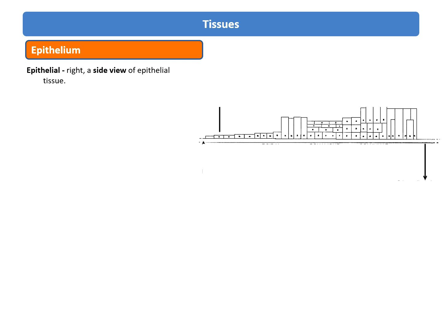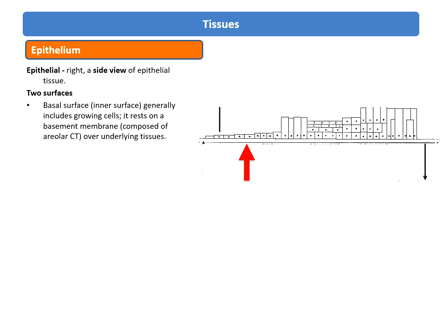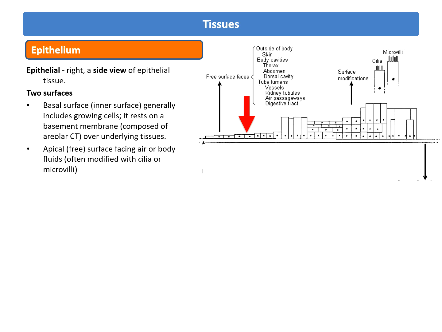This diagram shows a side view of epithelial tissue. It has two surfaces. The basal surface rests on a basement membrane that's composed of areolar or connective tissue, and the apical or free surface. It faces the air or body fluids.